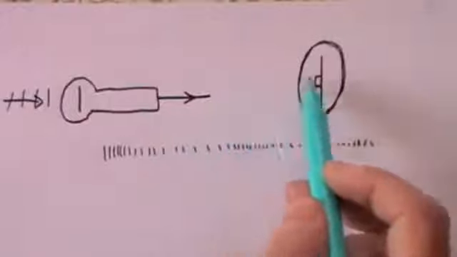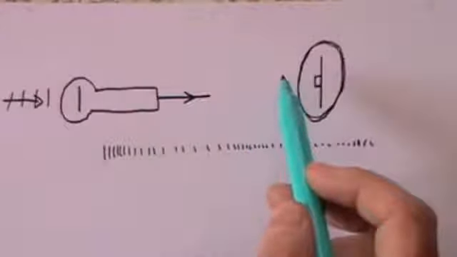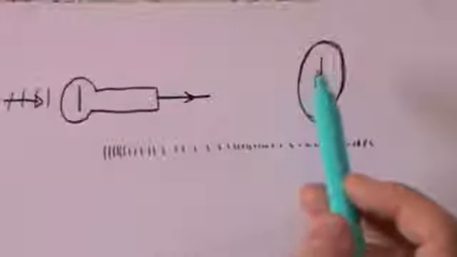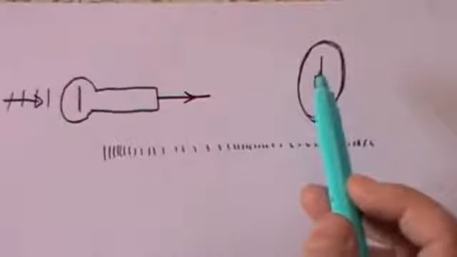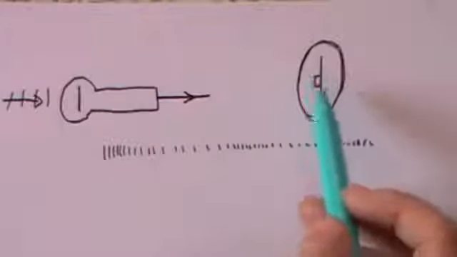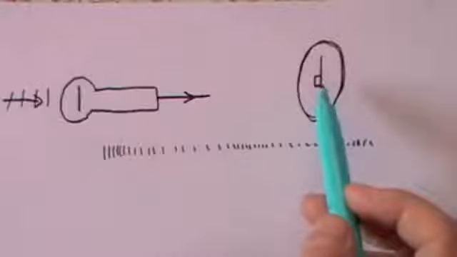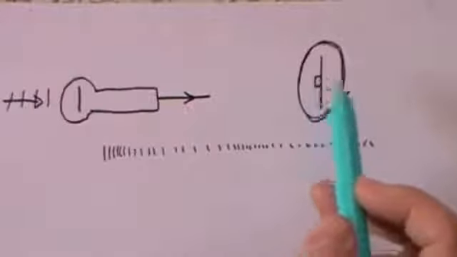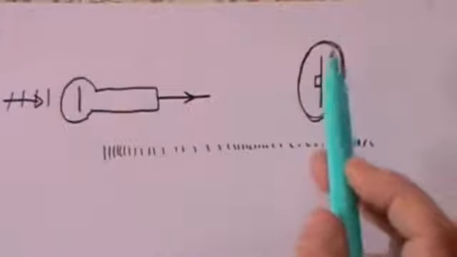When the sound waves, which are causing the air to oscillate in this fashion, hit the diaphragm, they cause it to vibrate. And as that vibrates, the magnet also vibrates. Now you've got a moving magnet in a coil, or alternatively, a moving coil in a magnet, depending on which way it's been done.